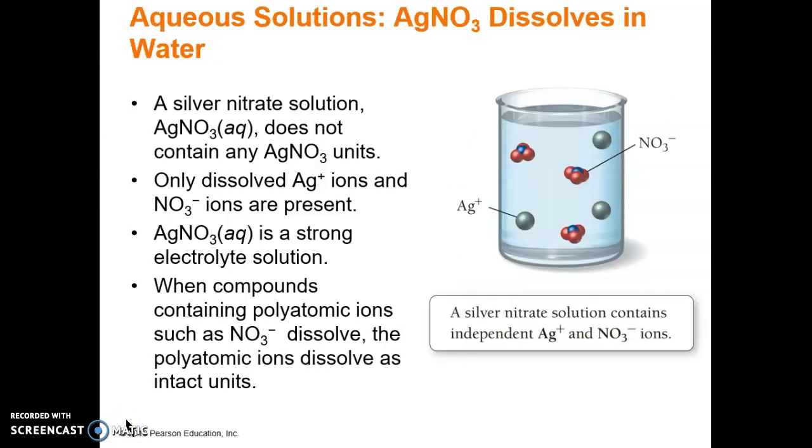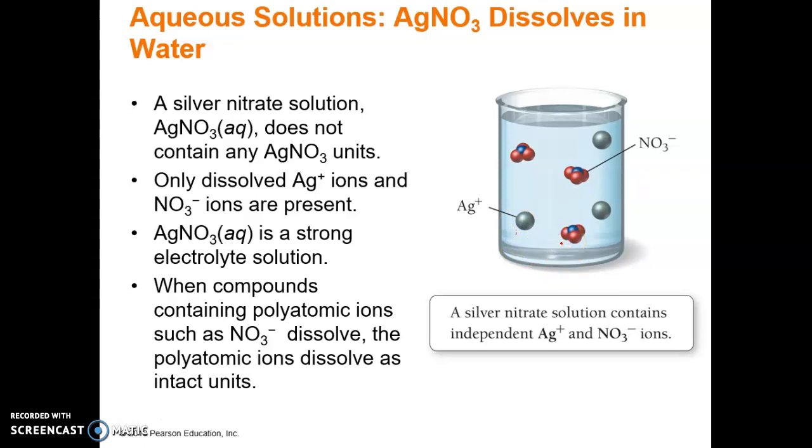Here's another example of a soluble ionic compound, silver nitrate. When silver nitrate is put in water, you will not have any complete AgNO3 units in there. So only your dissolved ions are present. So again, you would have a bunch of Ag+ ions, and you would have a bunch of NO3- ions.